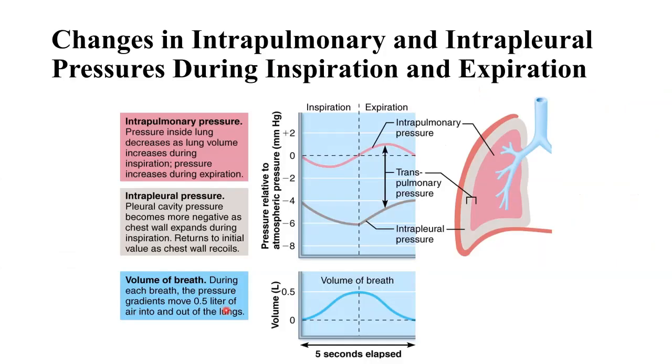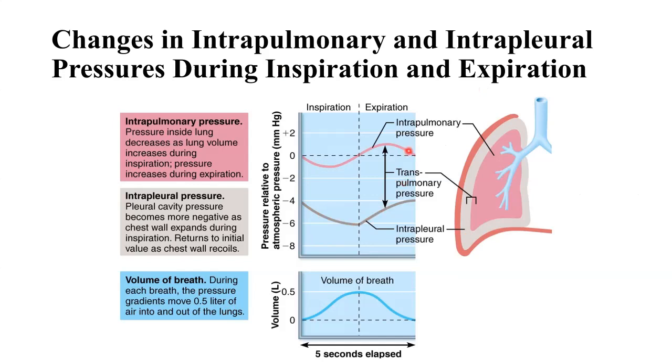So this table is just describing basically everything that I just talked about, and it's showing you a comparison of the pressure in the lungs and the pressure in the pleural cavity as you inhale and as you exhale.